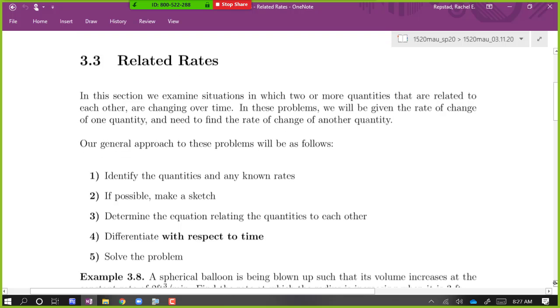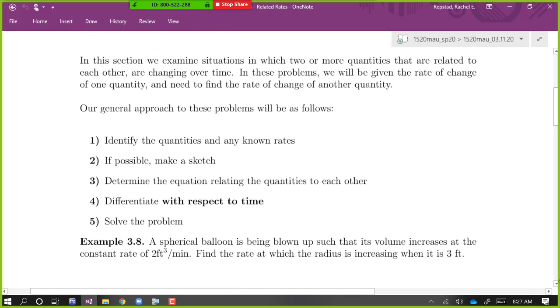When I'm reading these problems, I read carefully and try to figure out what they're telling me. Identify whatever quantities they're working with. Sometimes a sketch is helpful, not always. Then I want to figure out how those quantities are related to each other. This part has no calculus. For example, in the first example in the notes, they talk about a spherical balloon being blown up, and they refer to its volume and its radius.